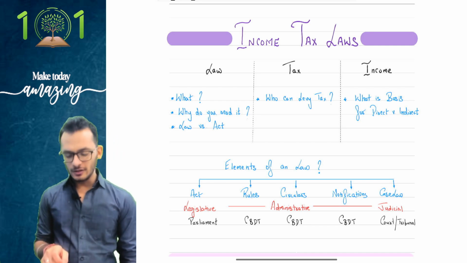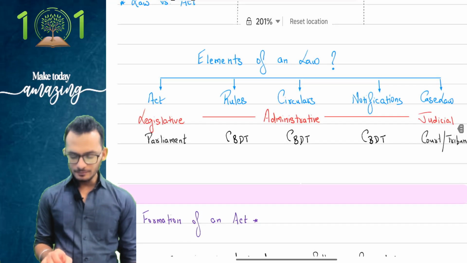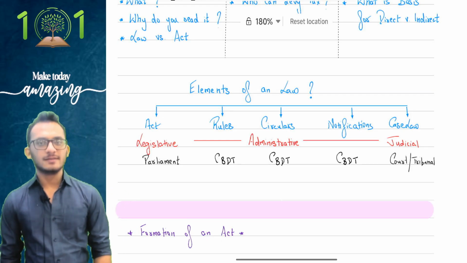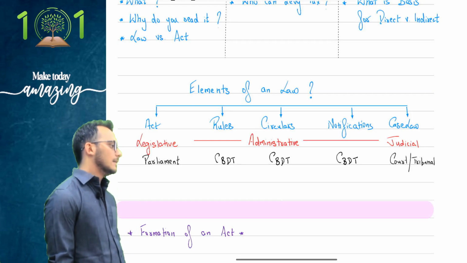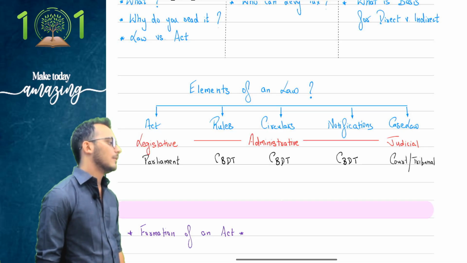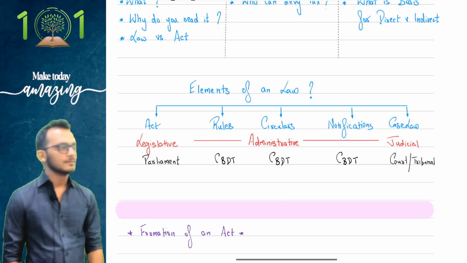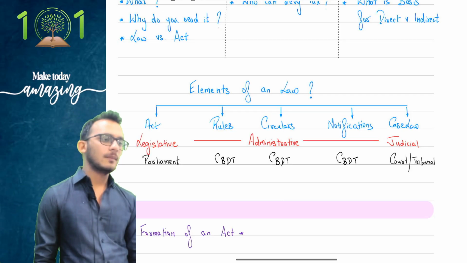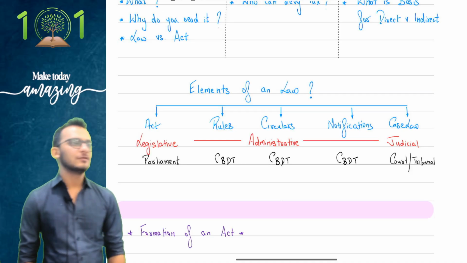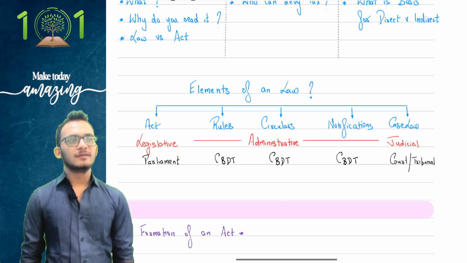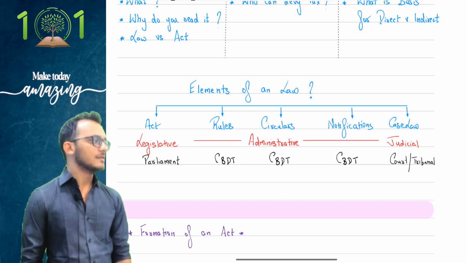Subdivision number 2 is called rules. Subdivision number 3 is circulars, notifications, case laws. So we're going to break the law into 5: act, rules, circulars, notifications, case laws.